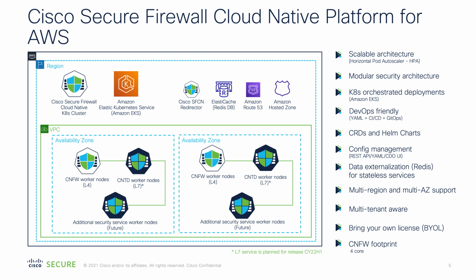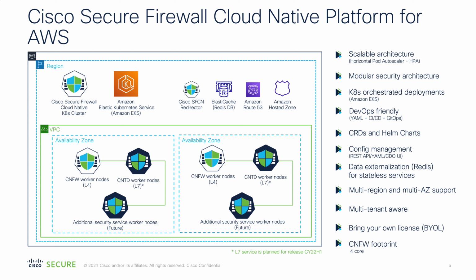It is today available in Amazon, and it is our scalable architecture that supports horizontal pod autoscaler. It is modular. So with this release, we have added support for CNFW, which is our containerized L4 firewall, which is orchestrated and deployed by Amazon EKS.